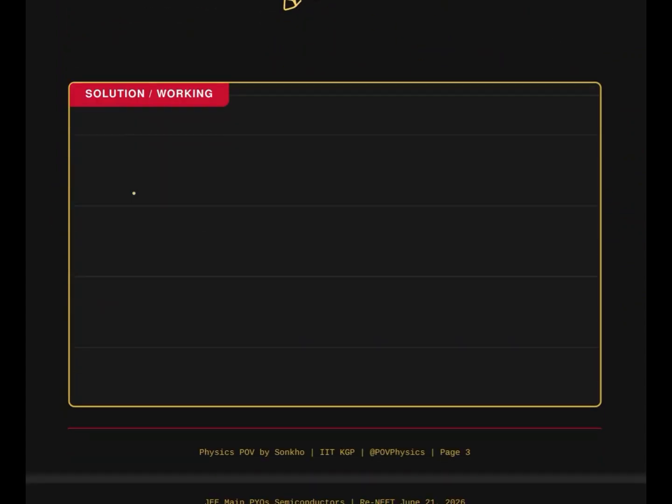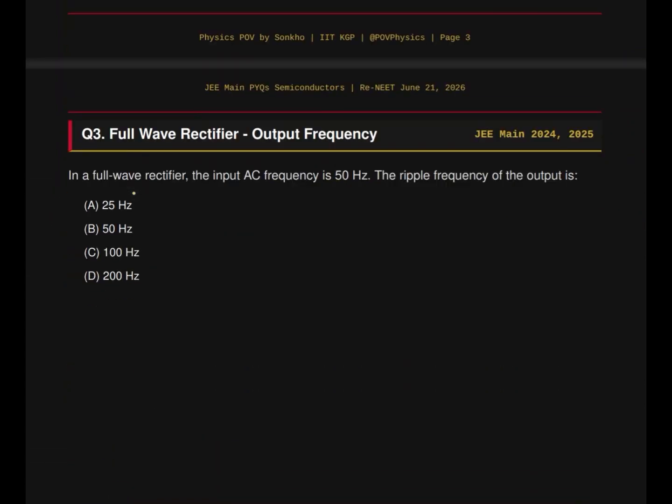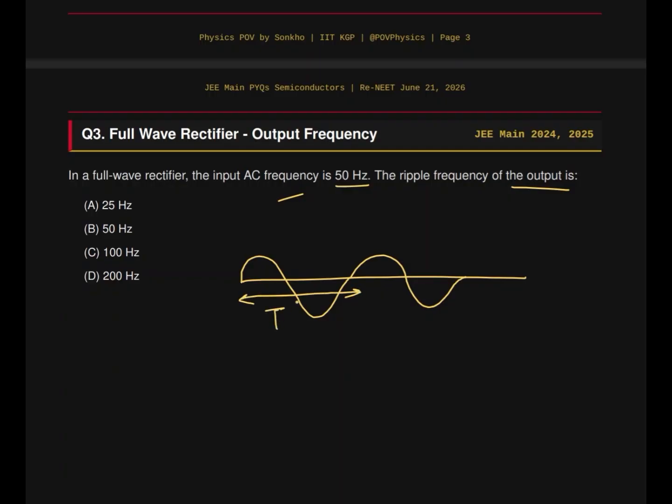Next, we have a full wave rectifier with input frequency as 50 hertz. Find the frequency of the output. This is a fairly easy question. We have an input AC of, let's say, time period T. We are passing it through a full wave rectifier.